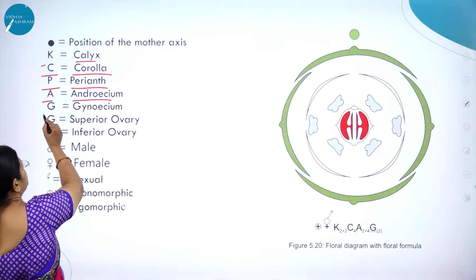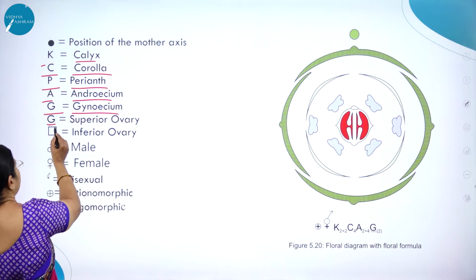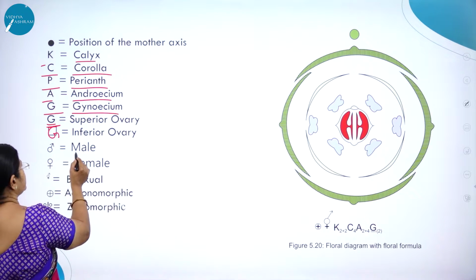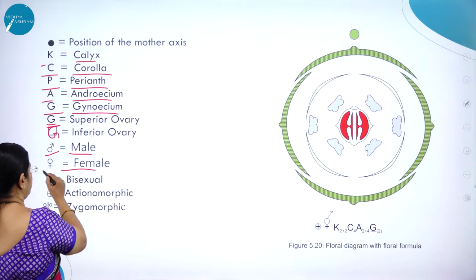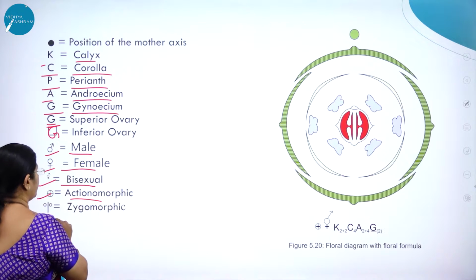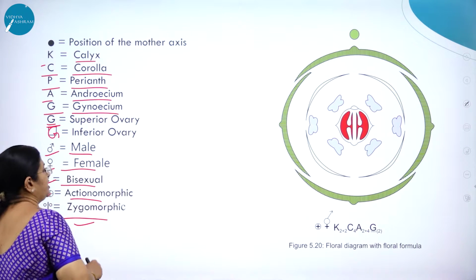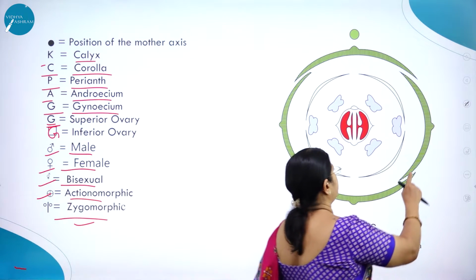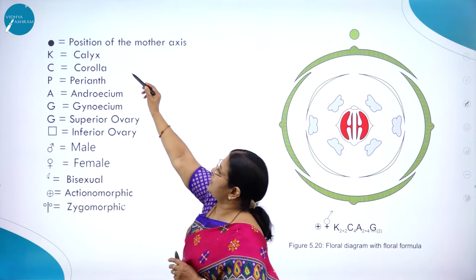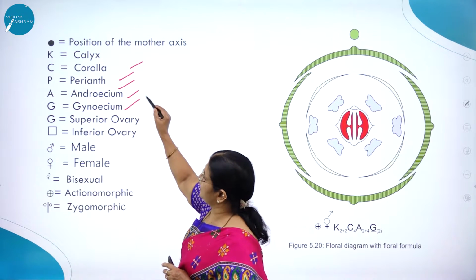A for androecium, G for gynoecium. Superior ovary, we write like this. For inferior ovary we write G bar like this. Then this is a symbol for male, this is a symbol for female, this is a symbol for bisexual, and actinomorphic, then zygomorphic. Just go through the symbols. Symbols are very important for you all to write the floral formula and the diagram. So K for calyx, C for corolla, P for perianth, A for androecium, G for gynoecium.